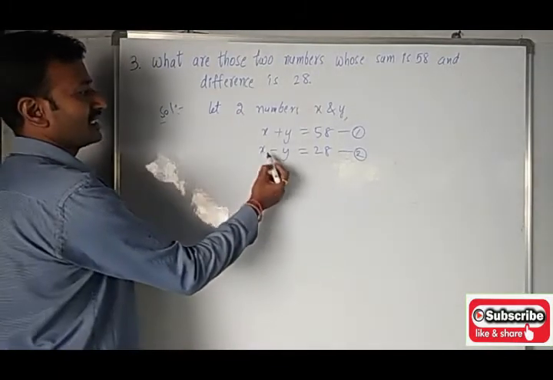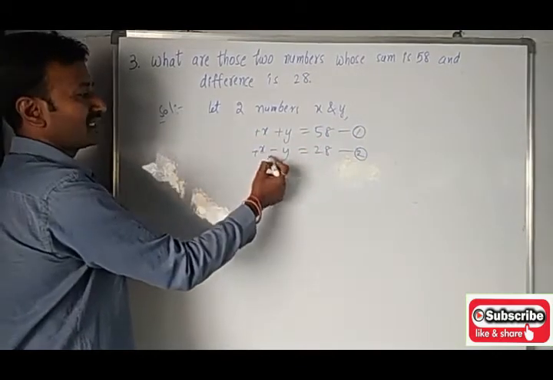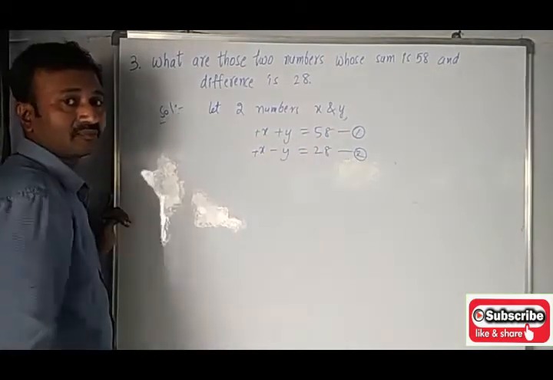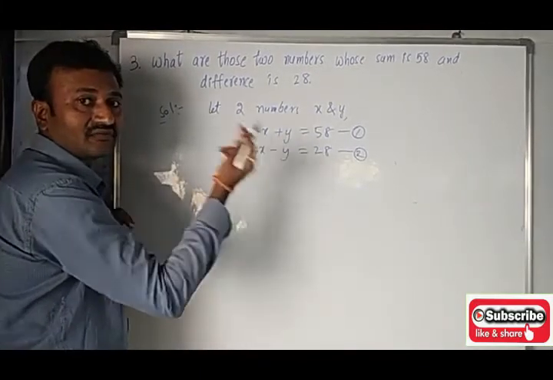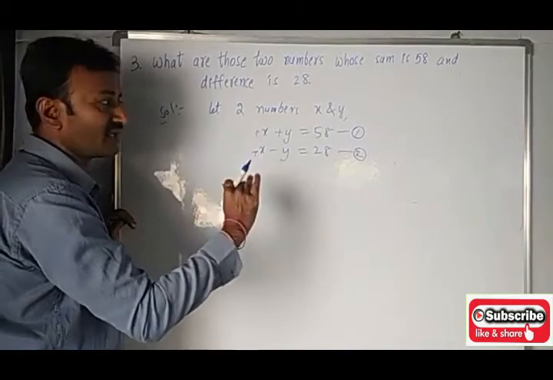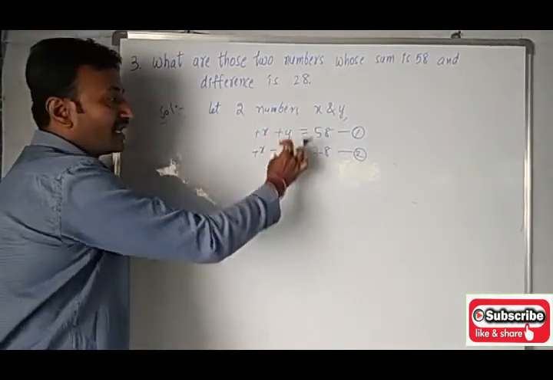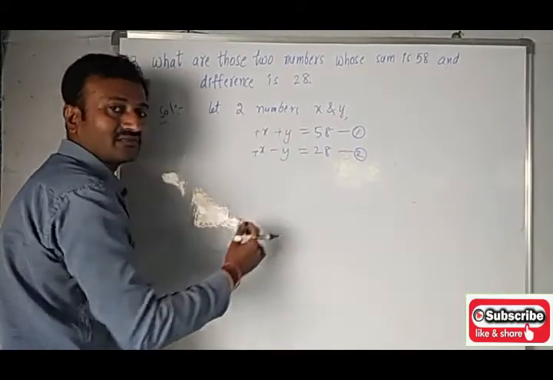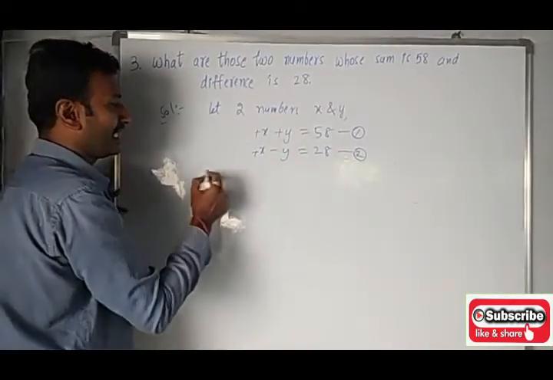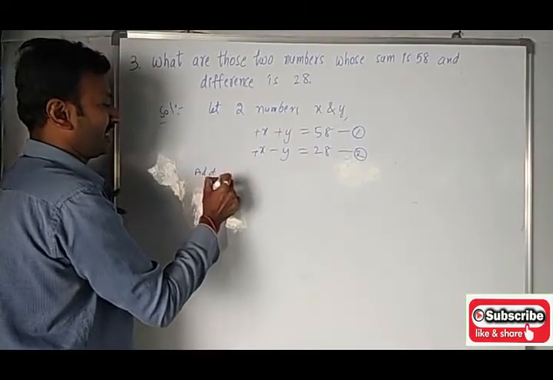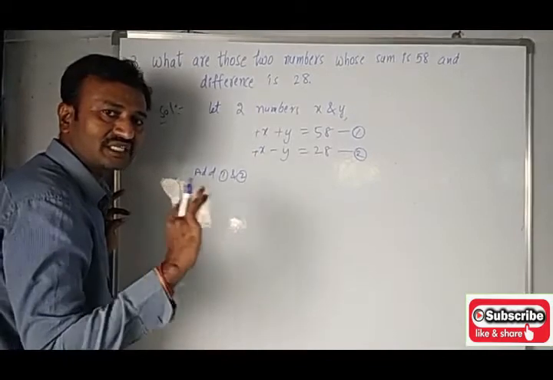Here we got 2 equations from the statements in the given question. So plus x plus y is equal to 58, plus x minus y is equal to 28. When we have opposite signs for the variables in the equations, we have to add them to eliminate one variable. So let us add 1 and 2. For adding, there is no need to change any sign.